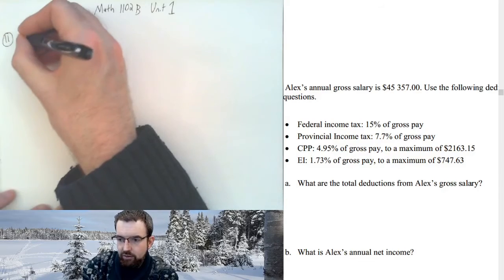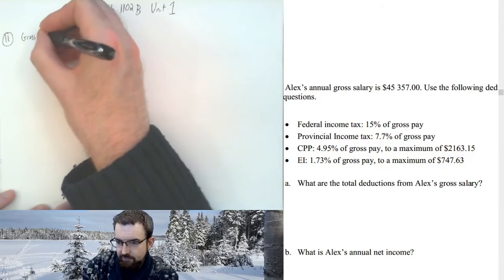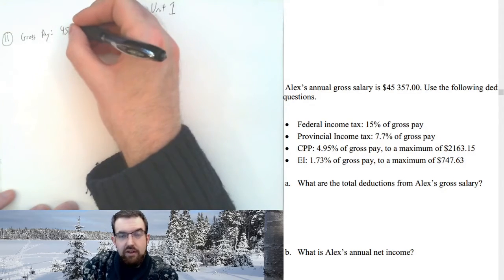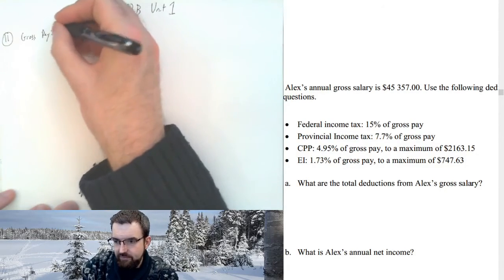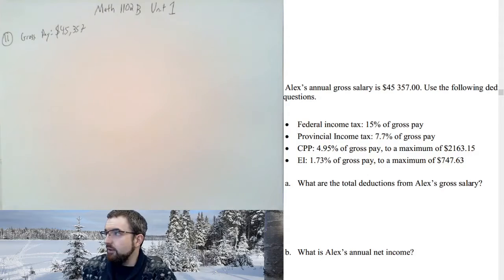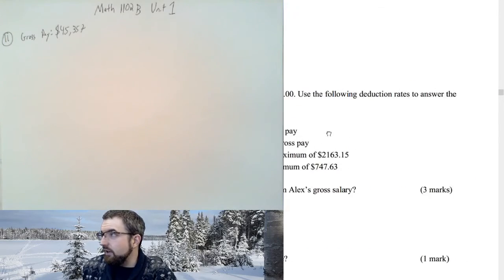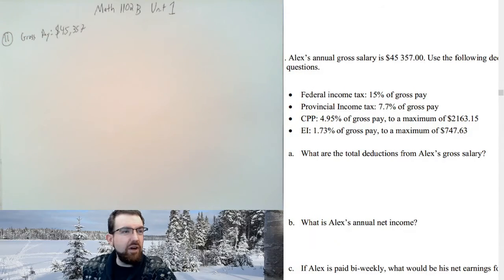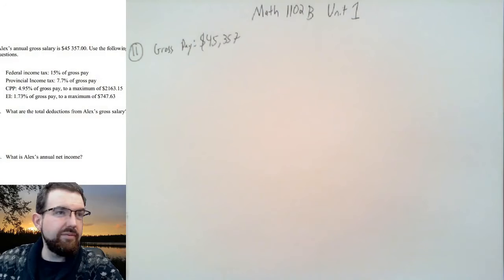So his total salary, or gross, is going to be 45,357, like so, right? So use the following deductions to answer the questions, right? So we're going to take those as his deductions, and we're going to figure out his actual gross salary. Okay.